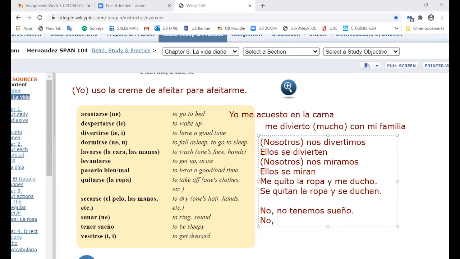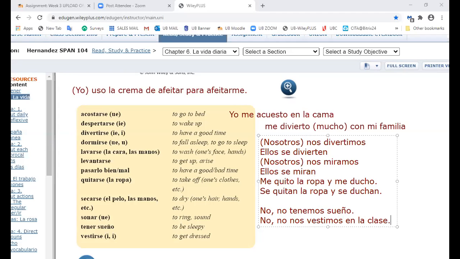Now, este es reflexivo. Wait, you're addressing us as a group or as an individual? Grupo. Oh, okay. I'm helping you because this is a tricky one. Look at that one.